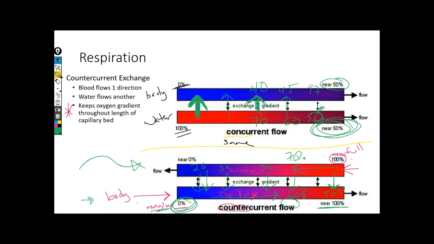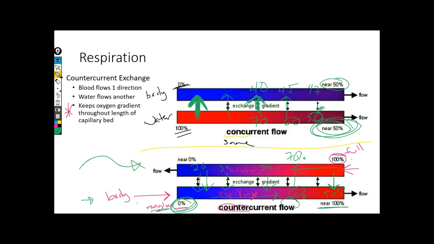Okay, any questions on how we kind of work through that together? Okay, so when in doubt, think about if I had to set up a concentration gradient at the front or the end, like where the flow's coming in or the flow's going out, would I still have oxygen exchange? Right, that's the big key. And if the answer is yes, then you have a good efficient organism.